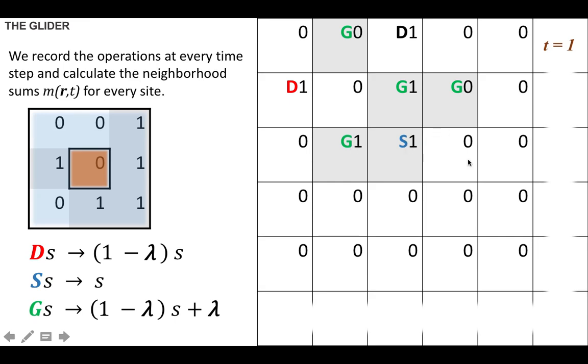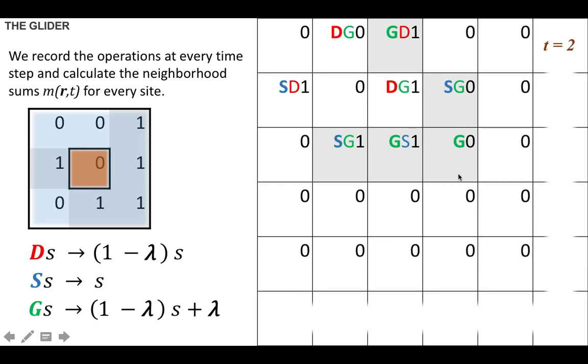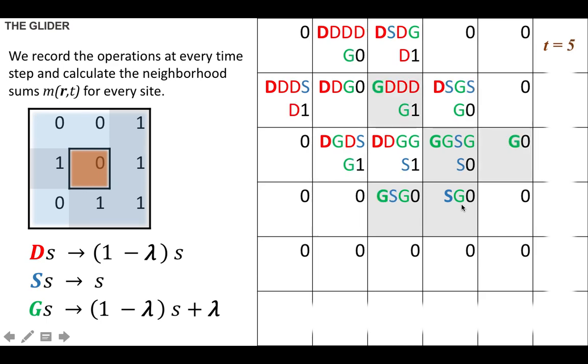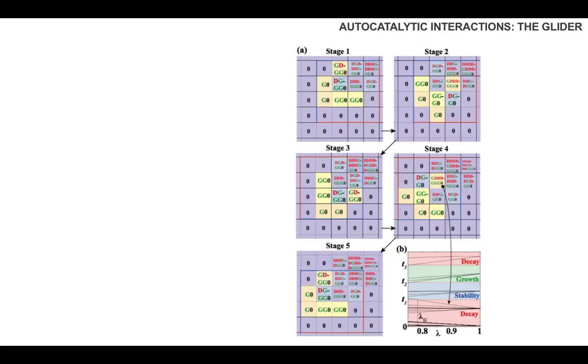Let's see what happens next. For example, this has grown. Let's go further. For example, this cell should grow, so the next time this should be G0. There you go.